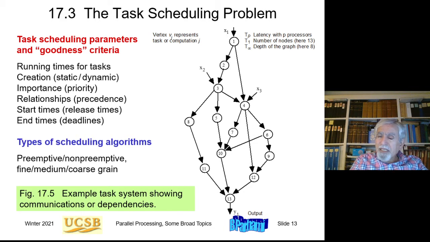In the case of task scheduling, the overhead may be more, because once you set aside a task, you have to save the state of the task and save the data associated with the task, so that when you return, you can resume execution from that point with the state of the task and the data the way they were at that point. So preemption often is associated with overhead. Of course, sometimes you have no other option.